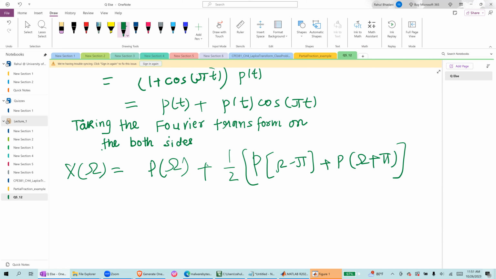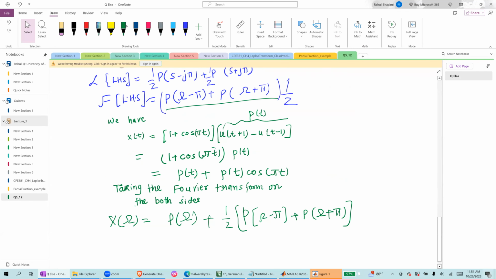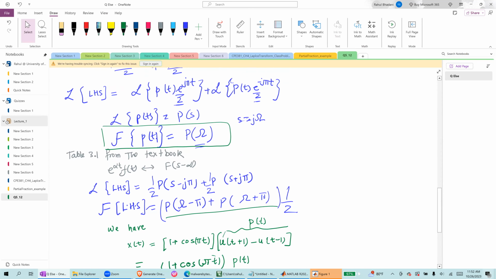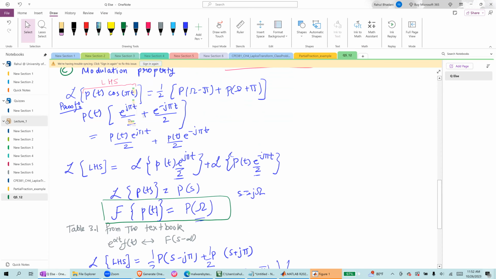I hope it is clear how we applied the modulation property. First, we derived the modulation property. Basically, if you multiply a cosine with any signal, you get two frequency-shifted components in either direction, centered at a particular frequency.